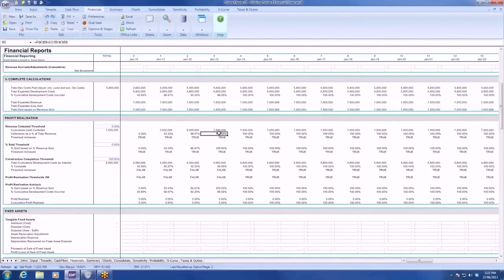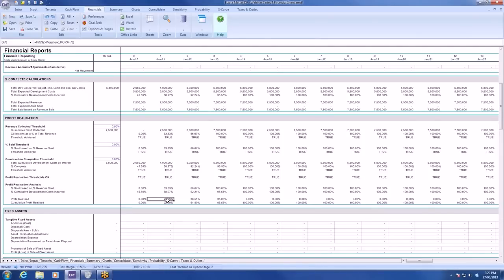So the way this model works is it takes the percentage completed times the percentage sold to give you the percentage profit that is realized. Now, I've actually got in there 100%. I'll just take that out. So essentially, the profit realized then is not 33% as before, but the cumulative development costs incurred is 68%.